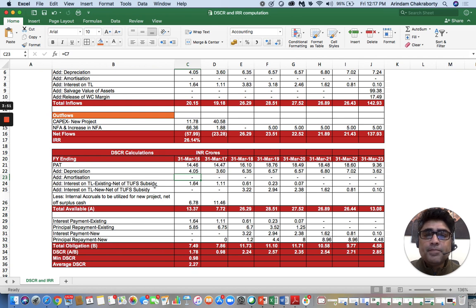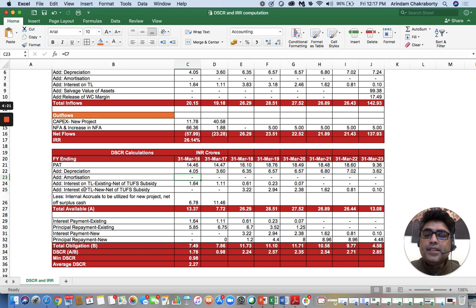TUF is a subsidy provided by the government. If the company has taken that TUF subsidy or plans to take it, this is how the projection is going to be. As you see, 1.64 and 1.19 remain the same, but 3.83, 3.18 and 2.46 are the figures that change on account of the TUF subsidy benefit that the company is going to get.